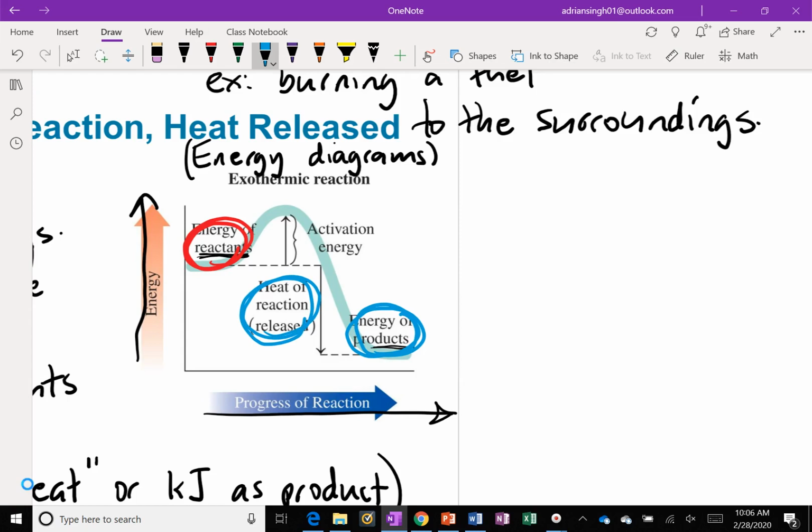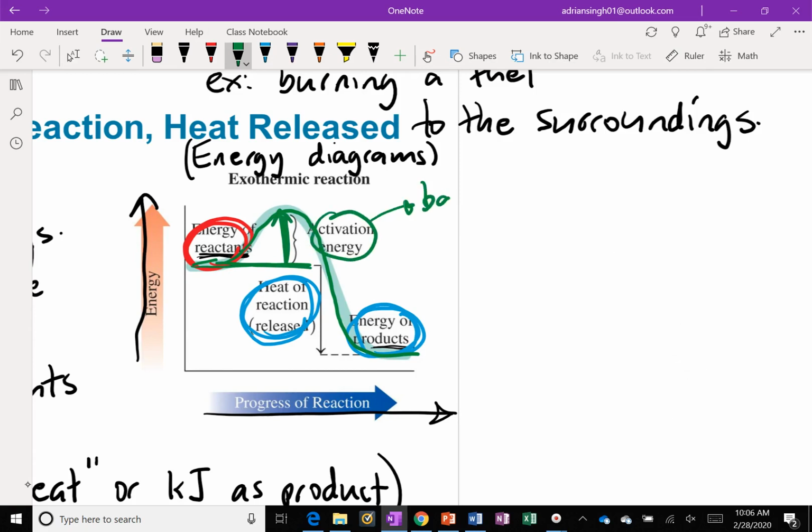The other thing that you'll notice here is that there isn't just a straight line that connects the energy of the reactants to the products. There is a hump or a hill that needs to be overcome, right? And the distance from where we start the reactants to the top of that hill or that hump, that represents our activation energy, right?